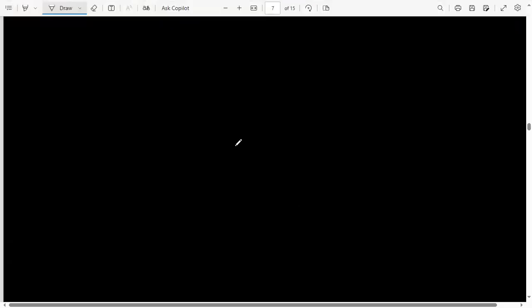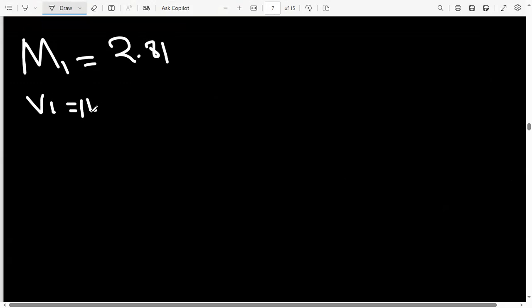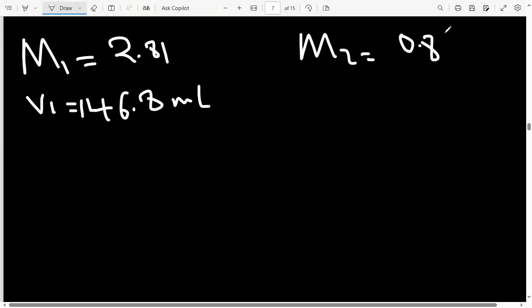So we had M1 equal to 2.81, and V1 was 146.8 milliliters. M2 was given as 0.875 molar. Then V2 we do not know. So we want to find this V2.